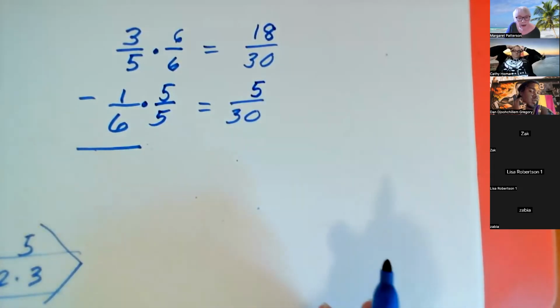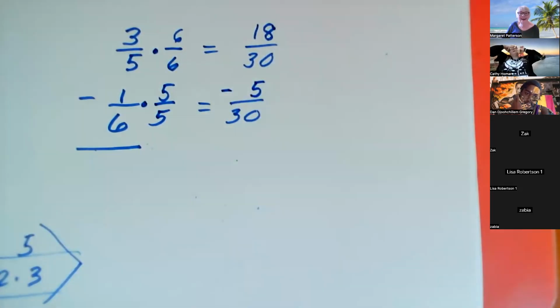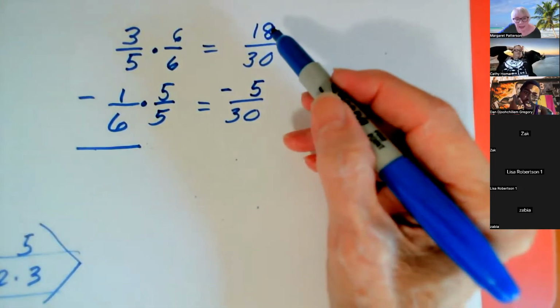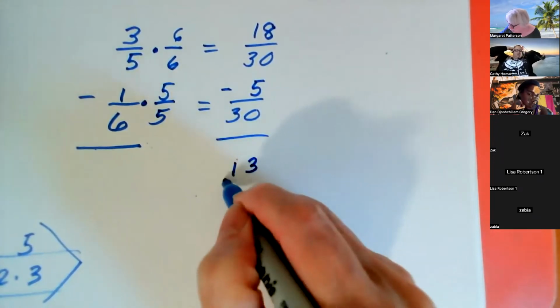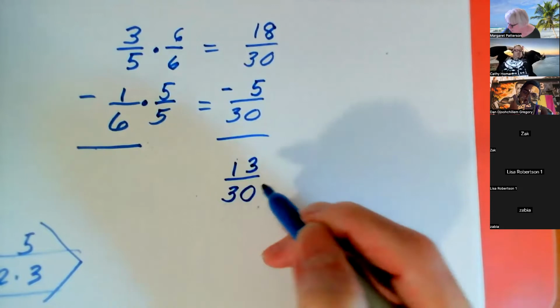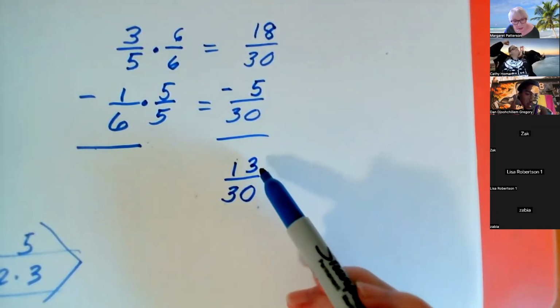Now, what kind of errors do people make? They forget it's subtraction. They did all the hard work and then they forgot it was subtraction. So pay attention. 18 take away 5, 13. 13 over the common 30. So does that reduce? Would you bet your life on it? Does it reduce?